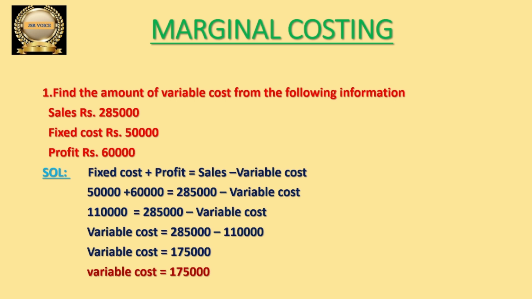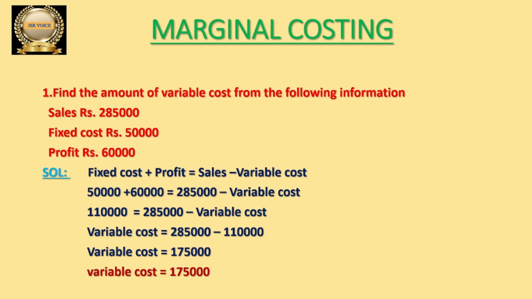Let us solve it. In the next step, 50,000 plus 60,000, 1,10,000, is equal to 2,85,000 from the previous step, so copy as it is, minus variable cost. In the next step, you take variable cost to the left side. Minus variable cost will become plus variable cost.